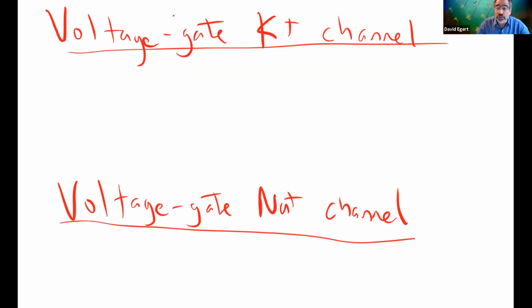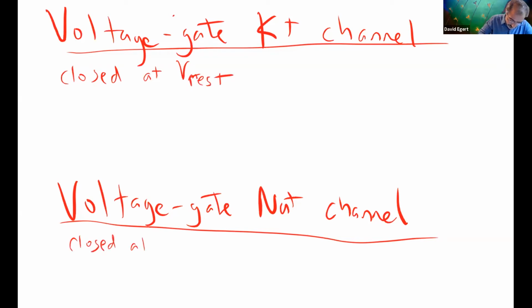They are both similar in that they are closed when the cell is at its resting potential, V rest, which is around minus 70 millivolts. So when the cell is at rest, these are closed. They will open when the cell membrane rises above the threshold of minus 55 millivolts.